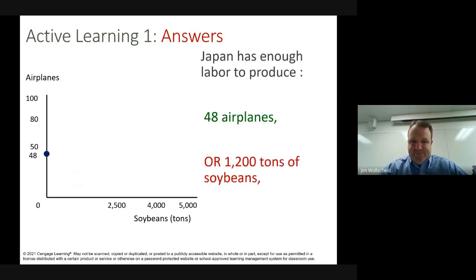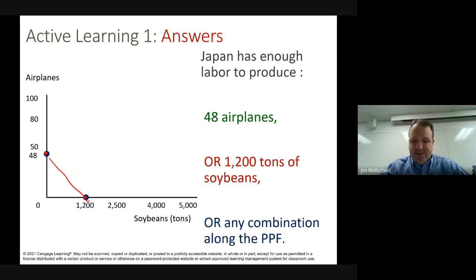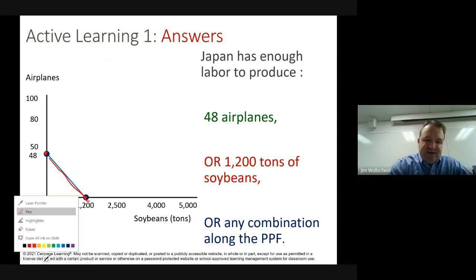So again, start at the endpoints. First thing we do is plot the endpoints. And then from the endpoints, I can draw a straight line down. So that's how we would create Japan's PPF curve.